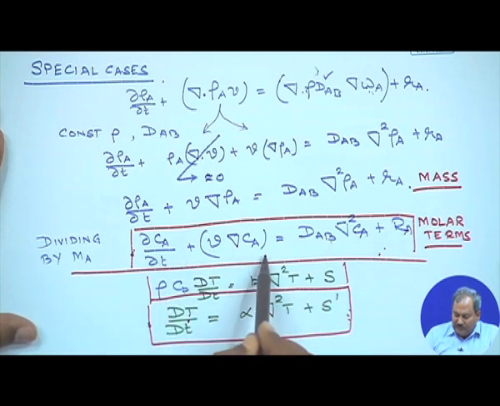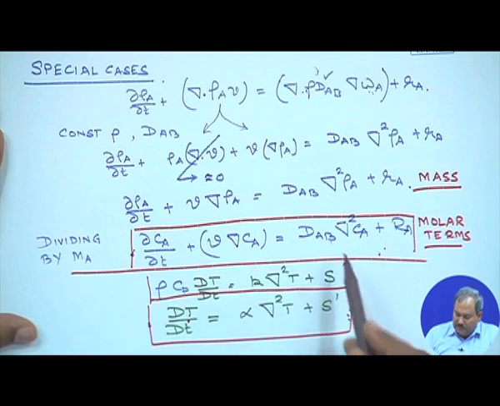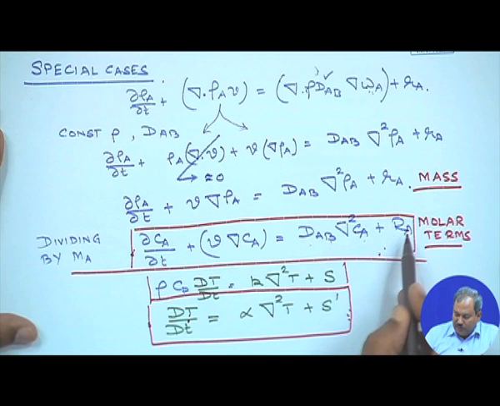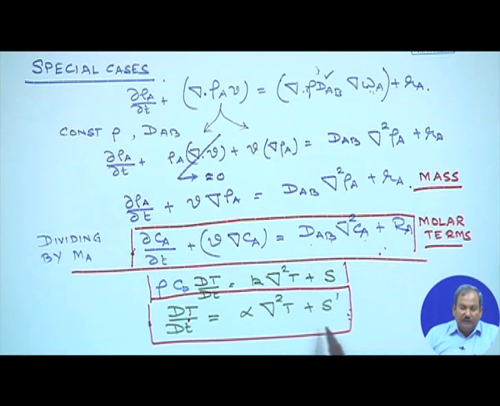Conceptually, one is the substantial derivative of concentration, this is the substantial derivative of temperature, this is the diffusive transport of mass, this is the diffusive transport of energy, this is a source term due to reaction, and this is a source term which could be by various means, that is nuclear, ohmic and so on. So the same form of governing equations underscores the fact that it is possible to treat mass transfer and heat transfer together.